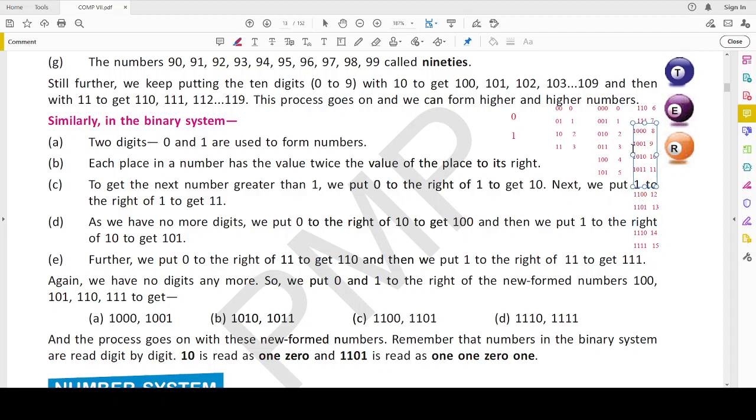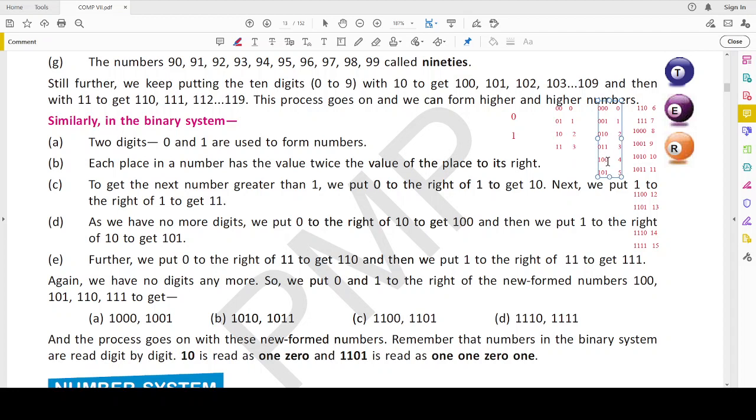See, here it is done. You can write, here it is not written, you will find it in the table, 0001 is equal to 1. Right. So up to 3 it is clear.